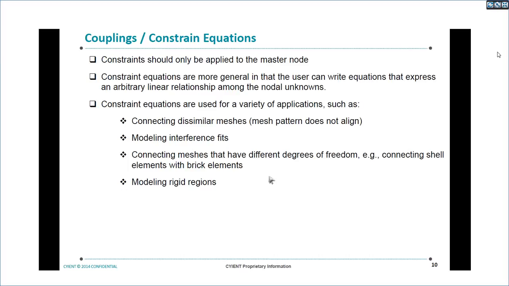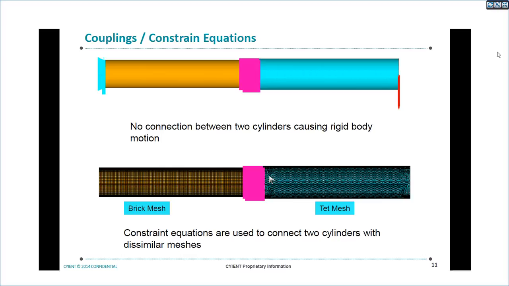So we can use a constraint equation to connect these different element types, and also for modeling rigid regions. In this problem, this is a brick mesh and this is a tet mesh, so we cannot get the same mesh at the interface. For this type of problem, we can go for constraint equations.